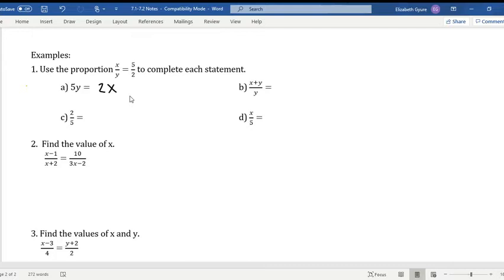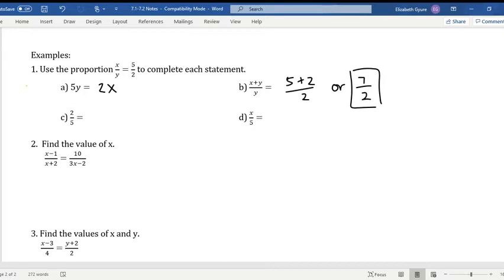Yeah, exactly. I would just have to do 5 plus 2 over 2. But remember, always simplify if you can. So 7 over 2 would technically be our simplified answer there.